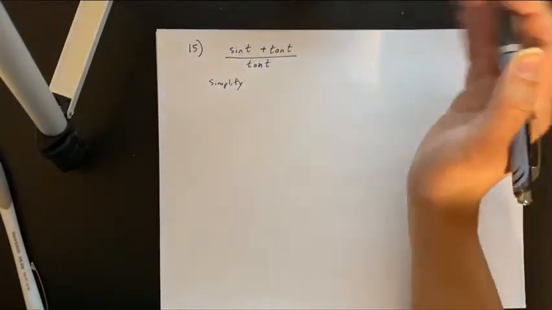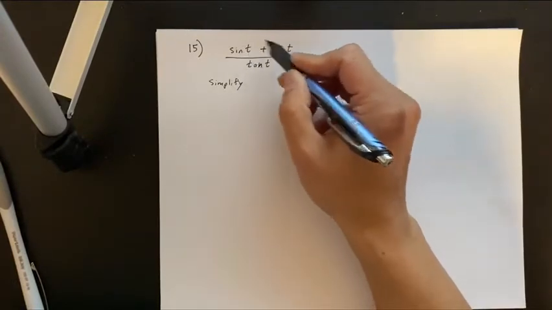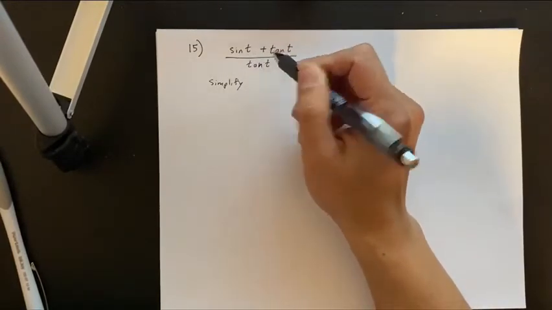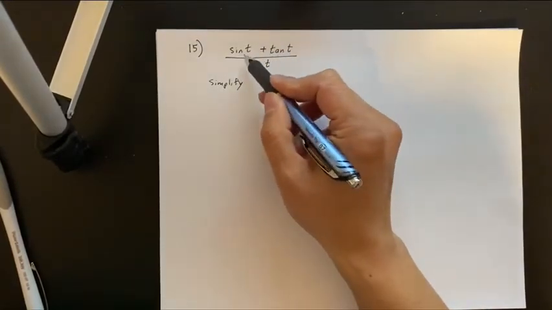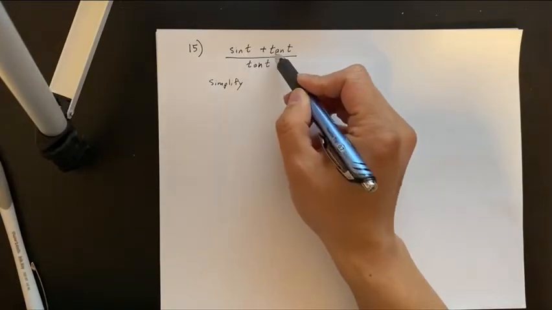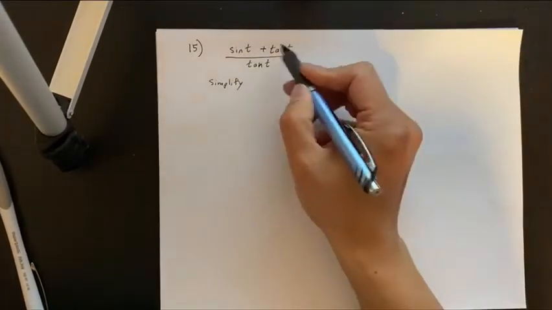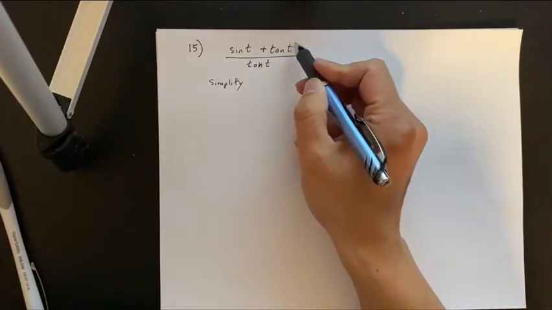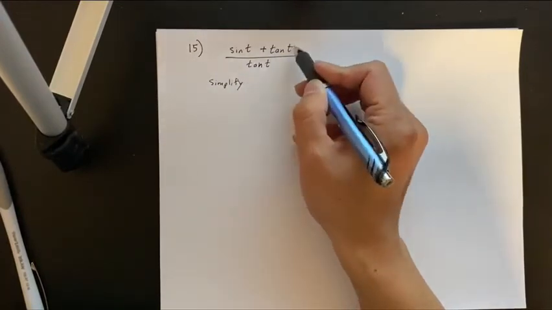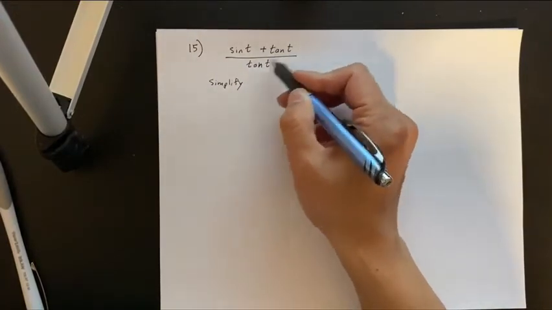If I have no clue on what to do with this, there is no apparent identity that will allow me to do something with this sine t plus tangent t. So I'm stuck, right? You can't simply just cancel out the sine t in this case. That does not work.